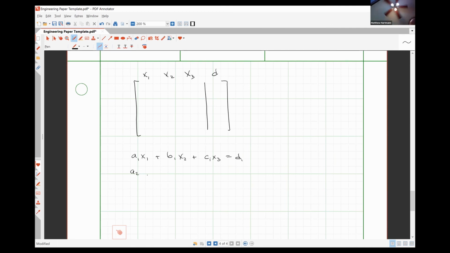A2 X1 plus B2 X2 plus C2 X3 is equal to D2.